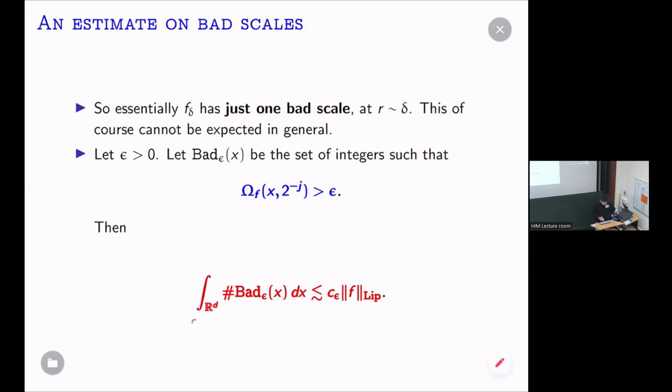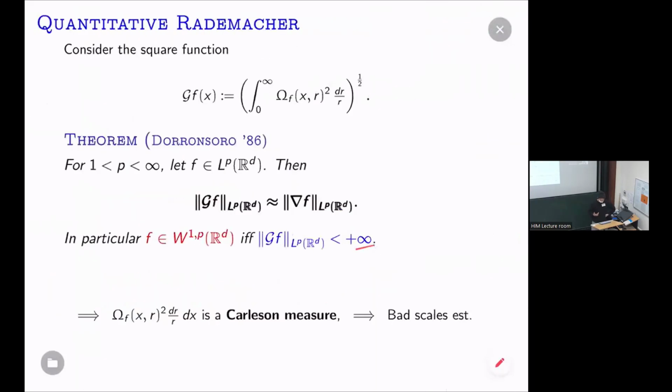Then we have these estimates on the cardinality of the bad scales, and the integral of the number of bad scales is controlled by the Lipschitz constant. So this is saying, of course, not that we have just one bad scale, but that the number of bad scales is very much controlled. And so there is much more information here than in Rademacher theorem. And this is a consequence of the following theorem, which I'm now going to describe.